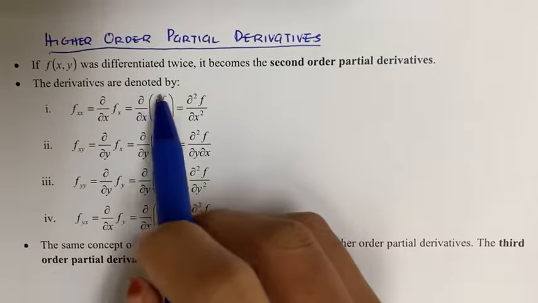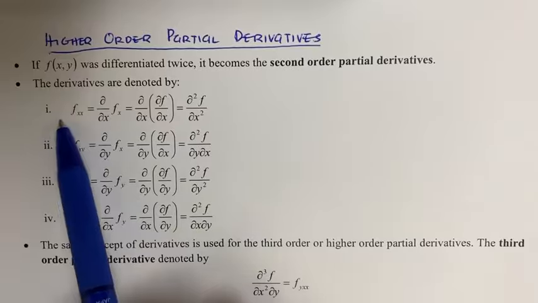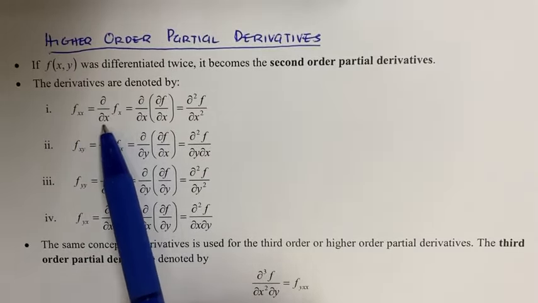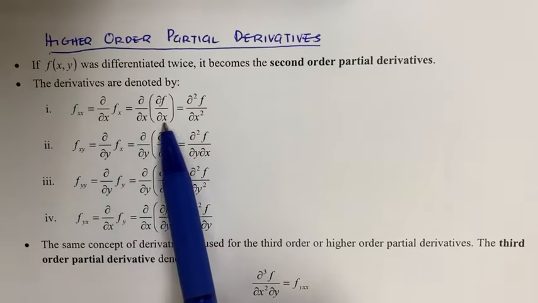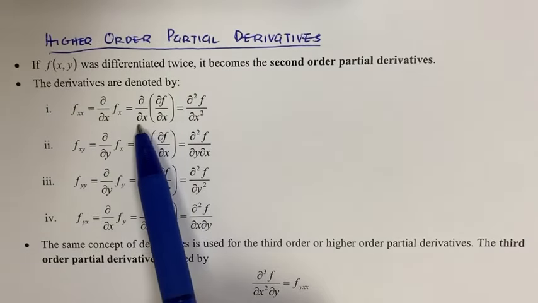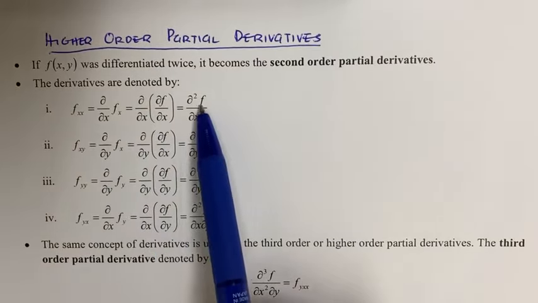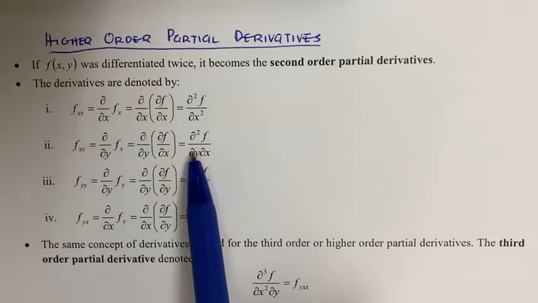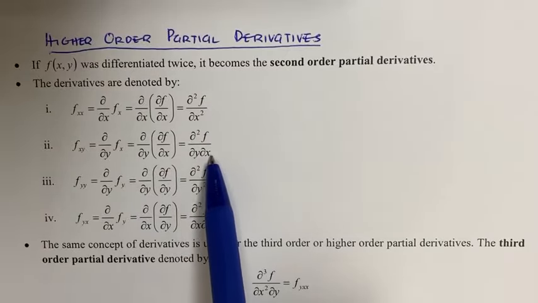The derivatives are denoted by the first one, f_xx, which is del over del x of f_x. So you differentiate del f over del x again with respect to x. So you have this form, del squared f over del x squared. Second, you have f_xy. f_xy can be written as del squared f over del y del x.